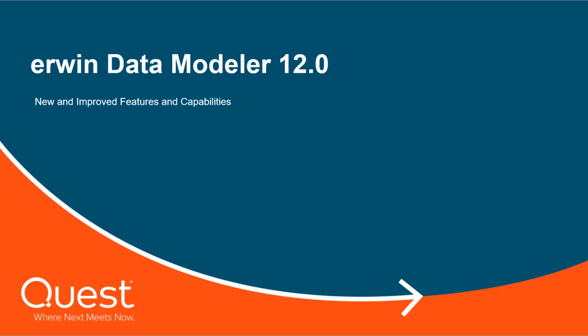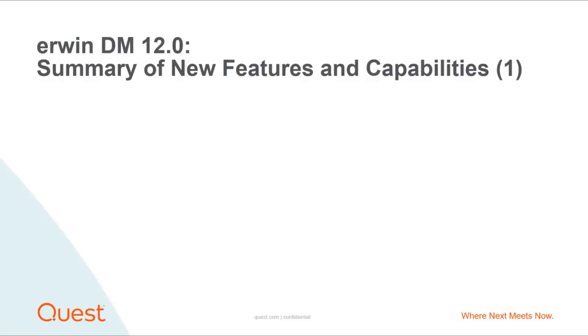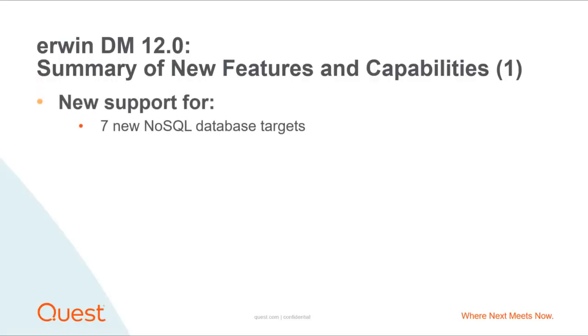Let's take a look at the new features and capabilities of this new release. Summary of new features and capabilities. Support for 7 new NoSQL database targets. Databricks Cloud Platform support.